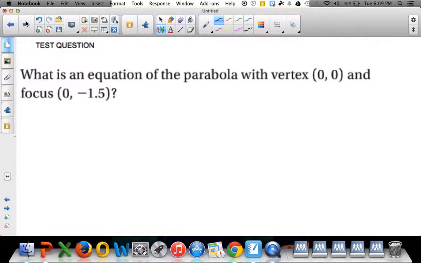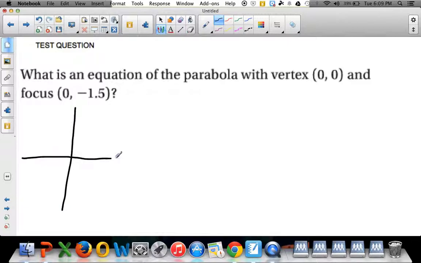Next question. What is an equation of the parabola with vertex 0, 0 and focus 0, negative 1.5? Well, I don't have a picture to tell me whether this is a vertical parabola or a horizontal parabola, so I just need to graph and plot my points.